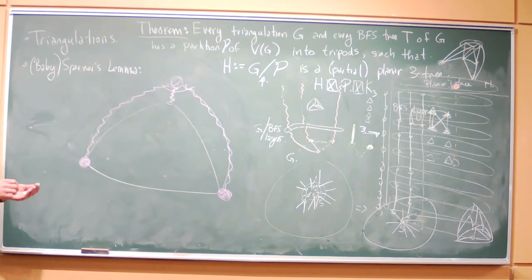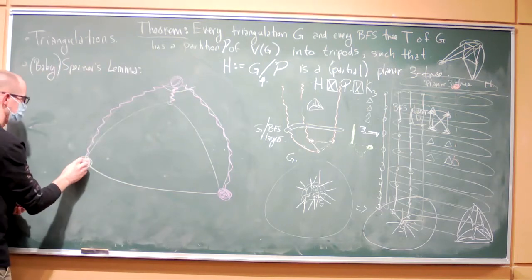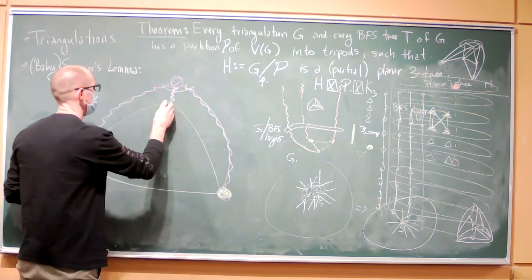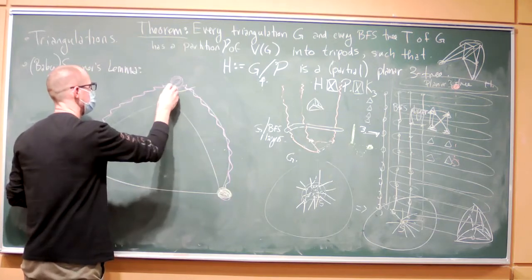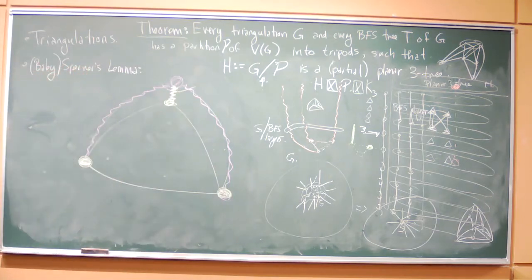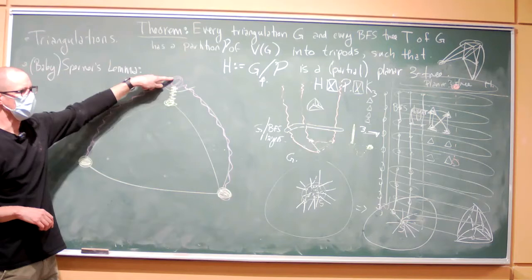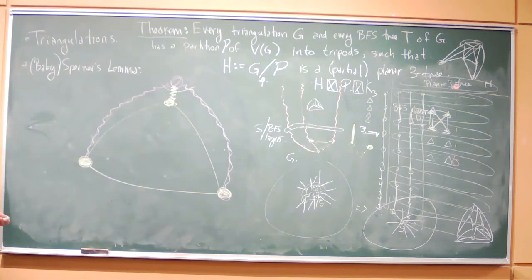Our first tripod will be this vertex by itself, this vertex by itself, and maybe this edge, right? So that is a very simple path in my BFS tree. It's just a vertex. So is that, and then this is a path going up in my BFS tree. Okay.